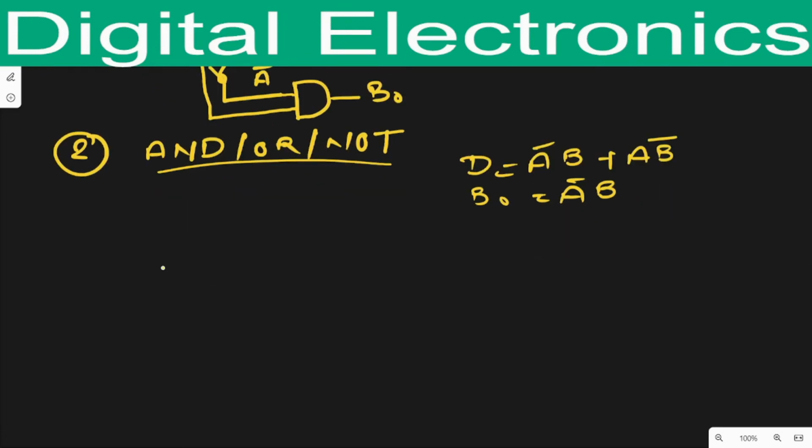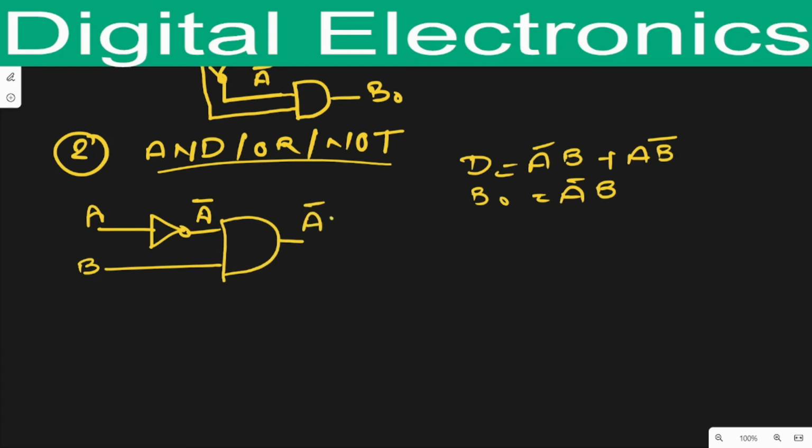So here I am taking one NOT gate. If the input is A, here we will get output as A bar. Here I am taking input B and I will connect these two inputs with the AND gate. So we will get A bar B here.